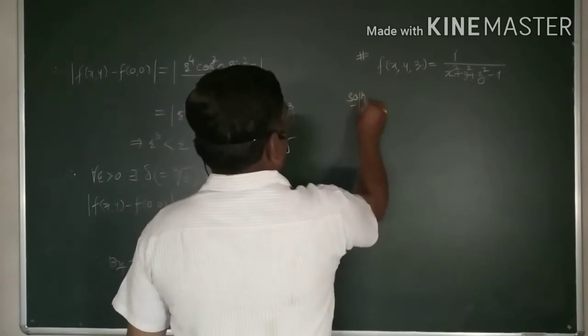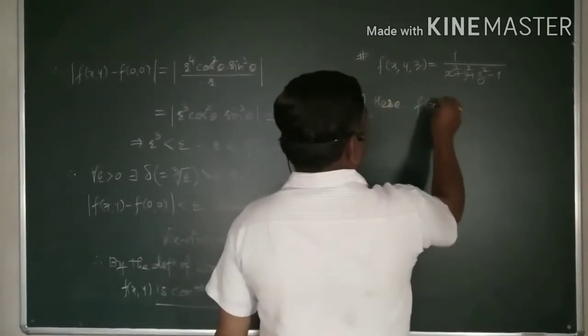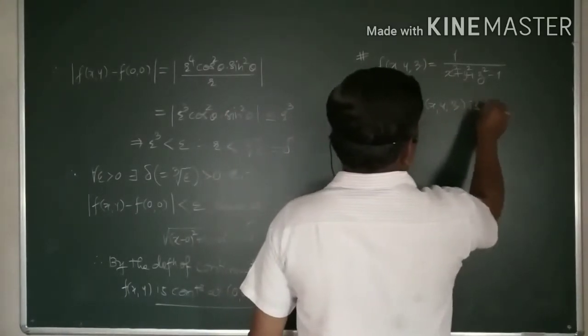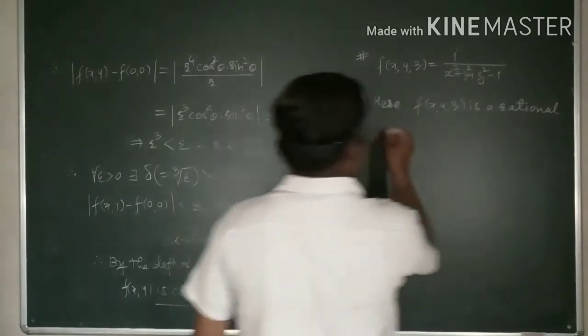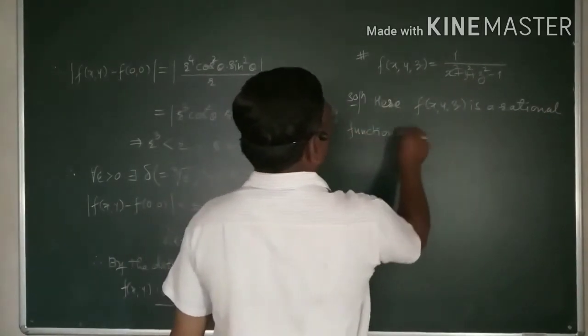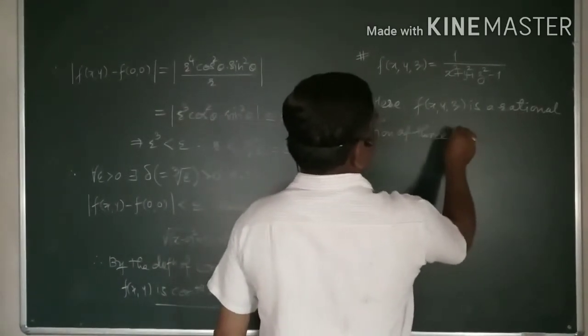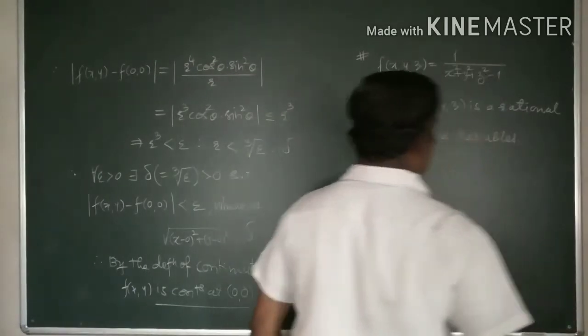Here, f of x, y, z is a rational function of three variables.